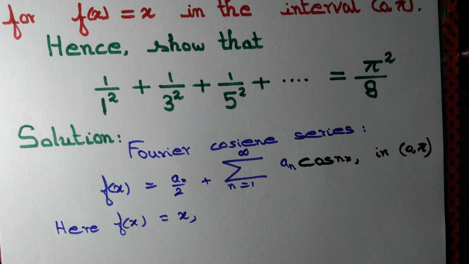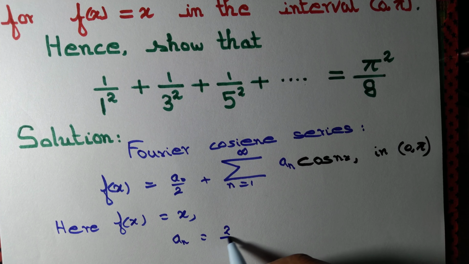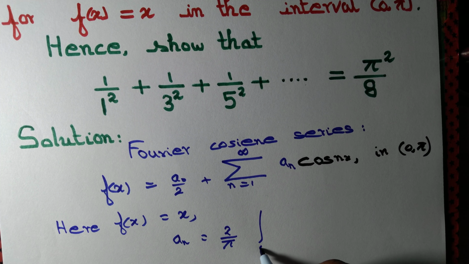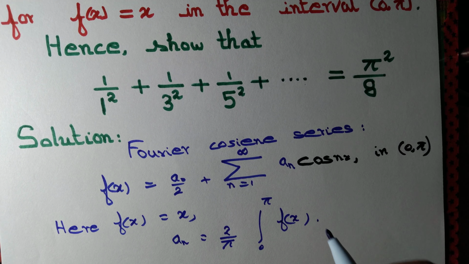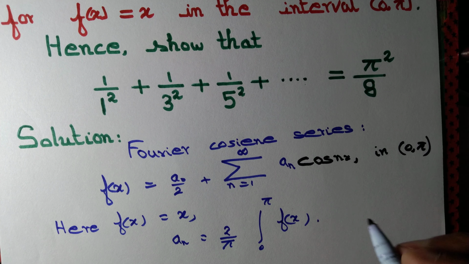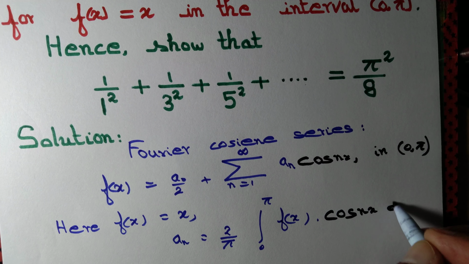And we have the formula for the coefficient an, that is given by 2/pi integral 0 to pi f(x) into cos nx dx.